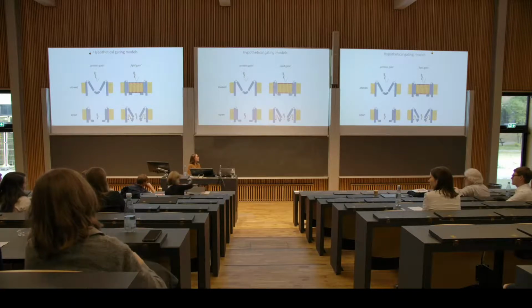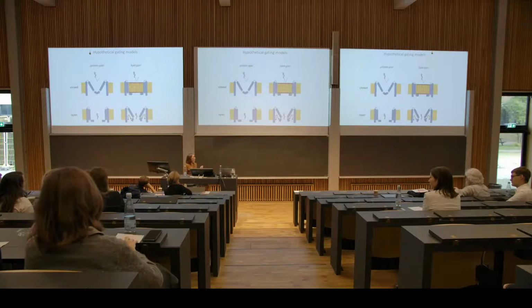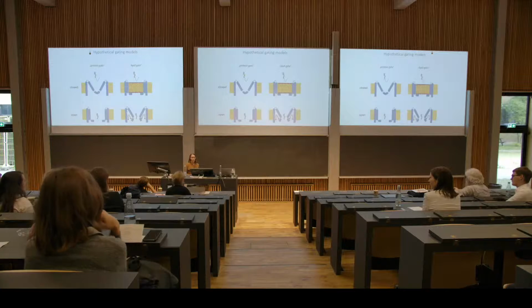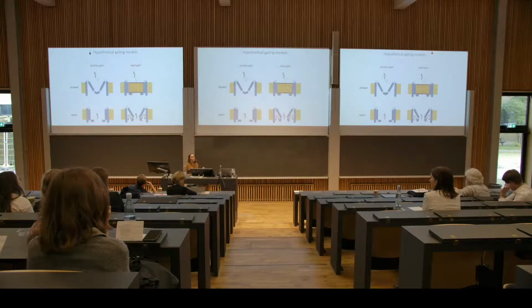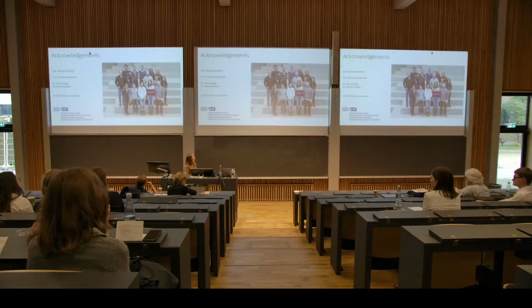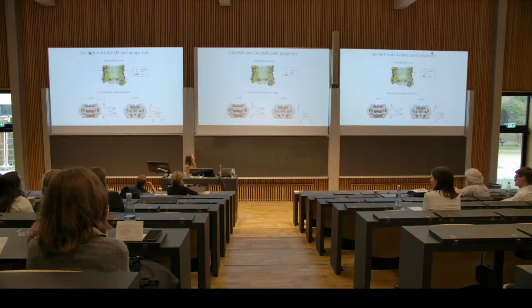Yeah, so like I mentioned, now we have the structures for basically all the CALMs, and the general architecture of the channel is basically the same. What people really see as a difference is that for some of them they could indeed see this extra density that basically all the groups attribute to lipids, whereas for some of them, for example for CALM1 or for CALM6, we don't really see such density.